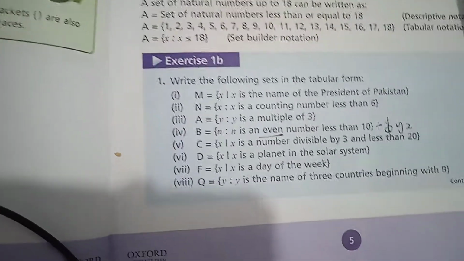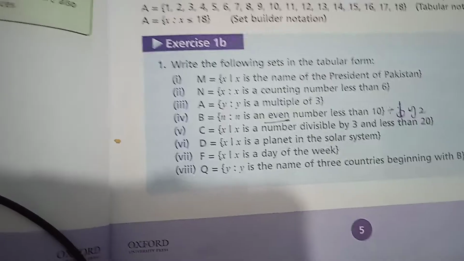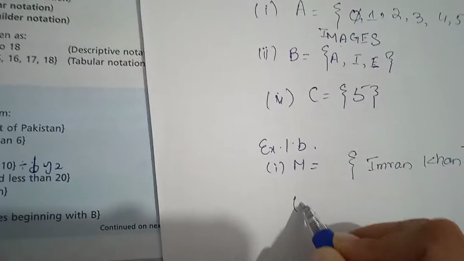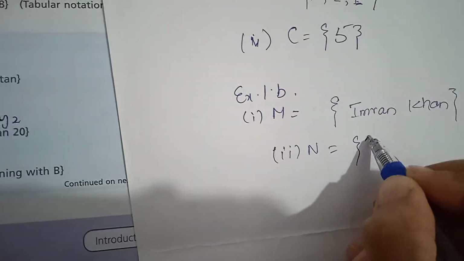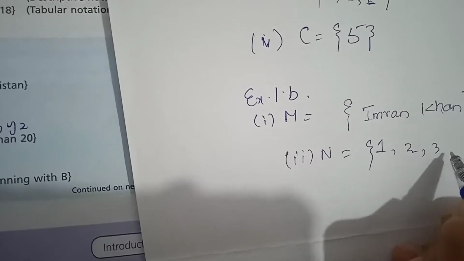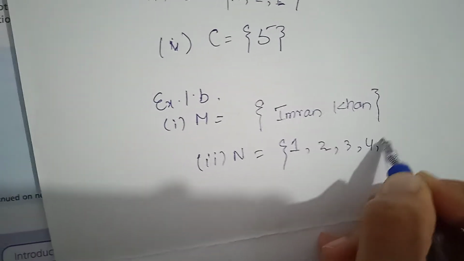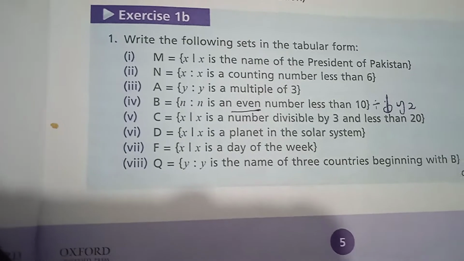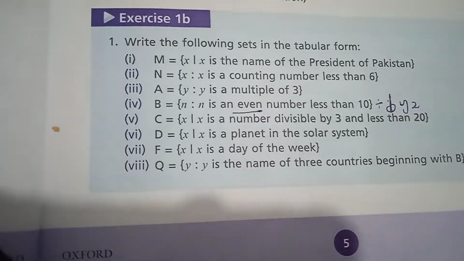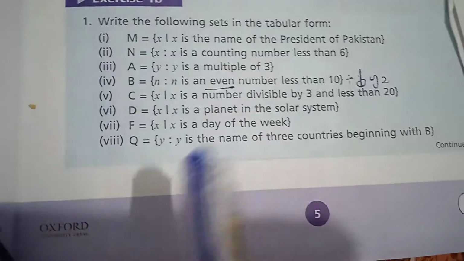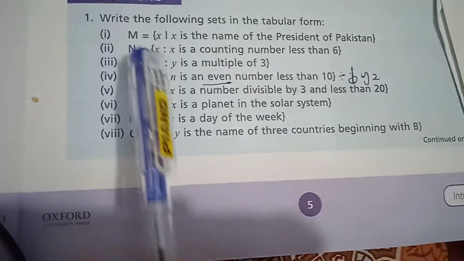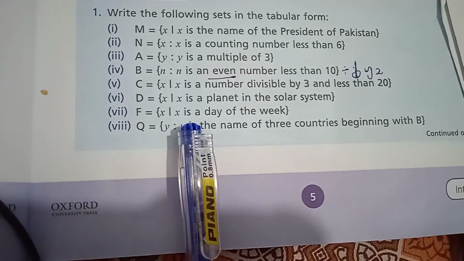The next is x such that x is a counting number less than 6. Counting numbers are 1, 2, 3, 4, 5, less than 6. So we've done it, and then y such that, we have to solve it. These are simple and we can do them.